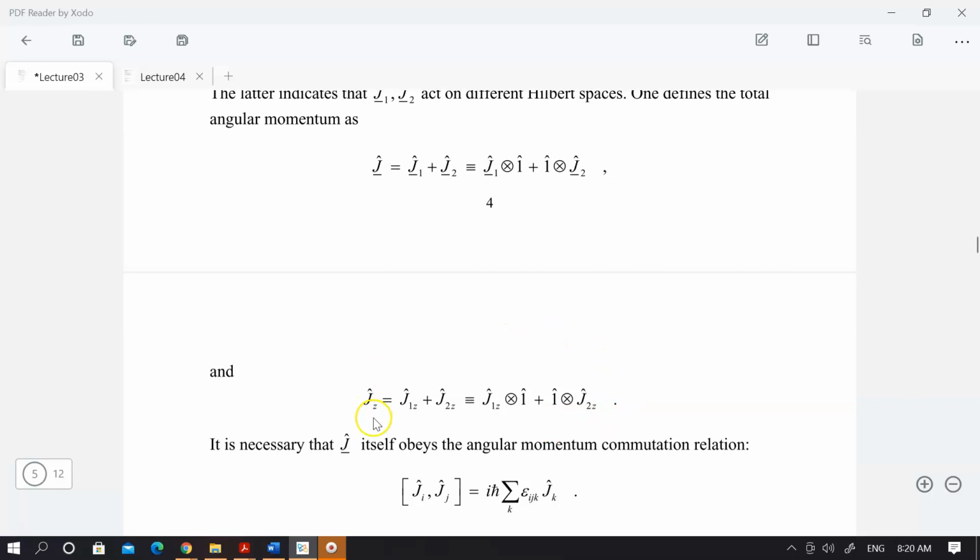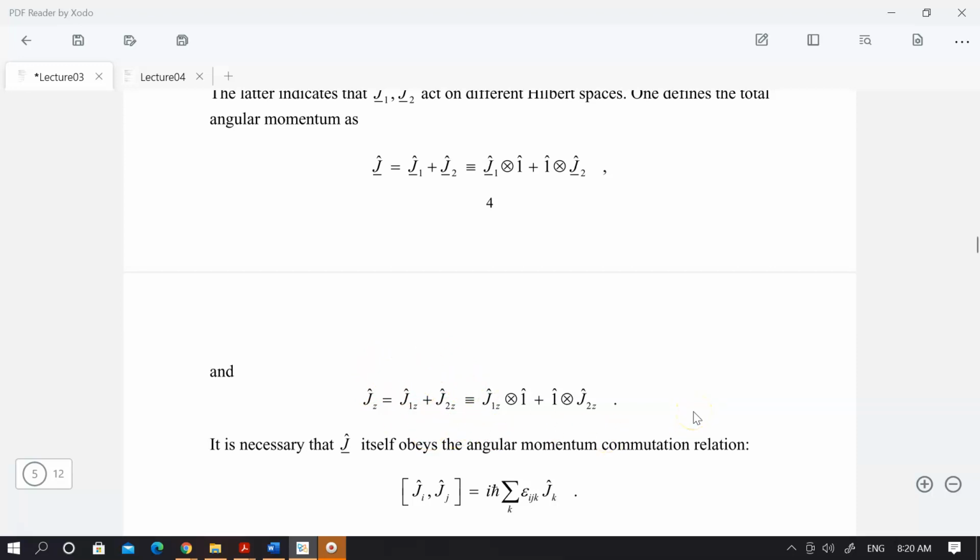Then you have the z component of your total angular momentum given by the addition of the z components of your individual angular momenta.